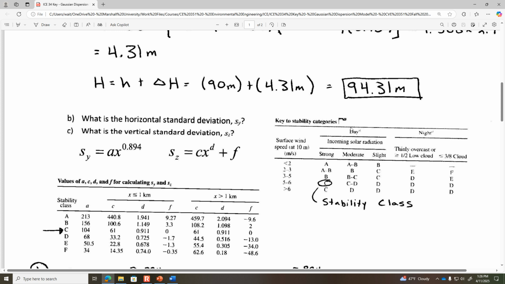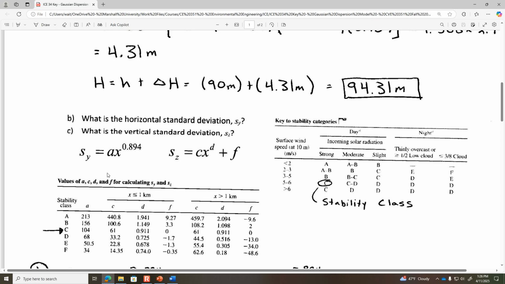So strong, it's daytime. I guess it wouldn't be very sunny if it was at night, right? The problem didn't specifically say it's daytime, but I'm just going out on a limb. So stability class C. And it's from that stability class that then we could get all of these coefficients for finding the horizontal and vertical standard deviations.